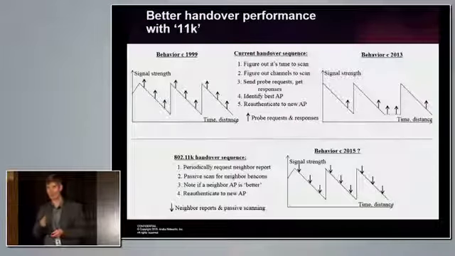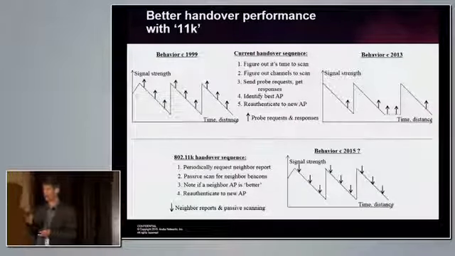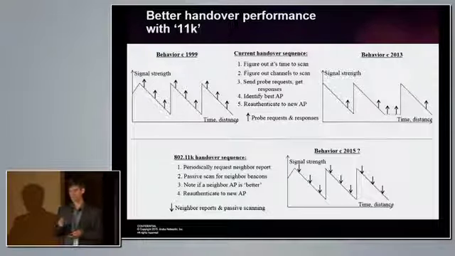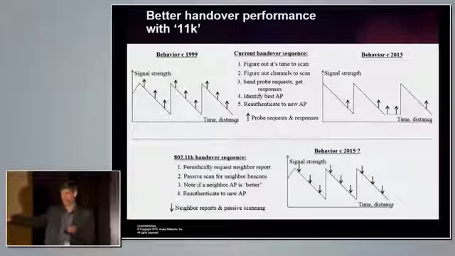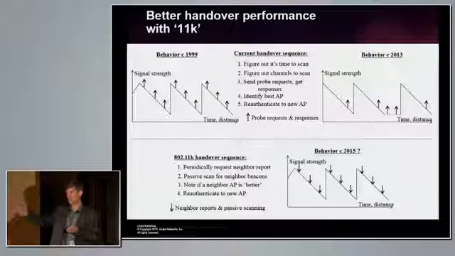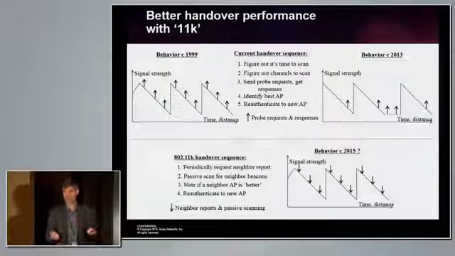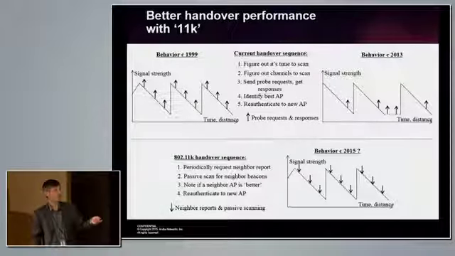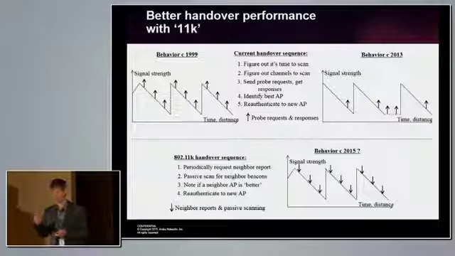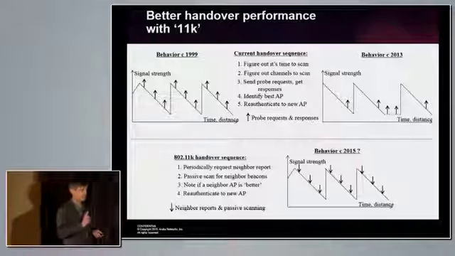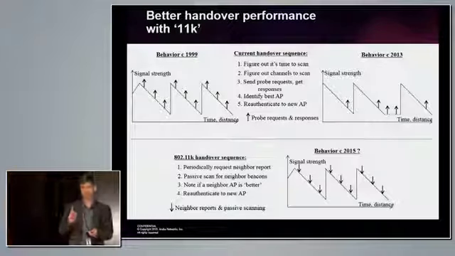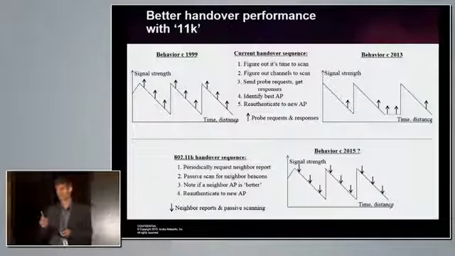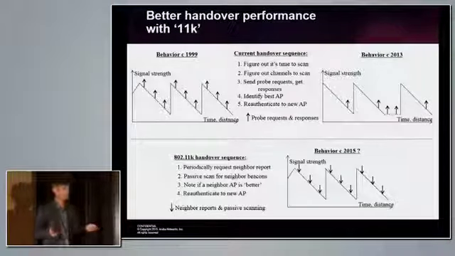They don't become updated often enough on their situation. If they knew that they were moving away from the current AP, then they'd start looking for a new one. But generally, they don't take any action until the signal strength has dropped to a pretty low rate. Part of that, I believe anyway, is because of the focus on battery life and not wanting to send probe requests, because they're expensive.